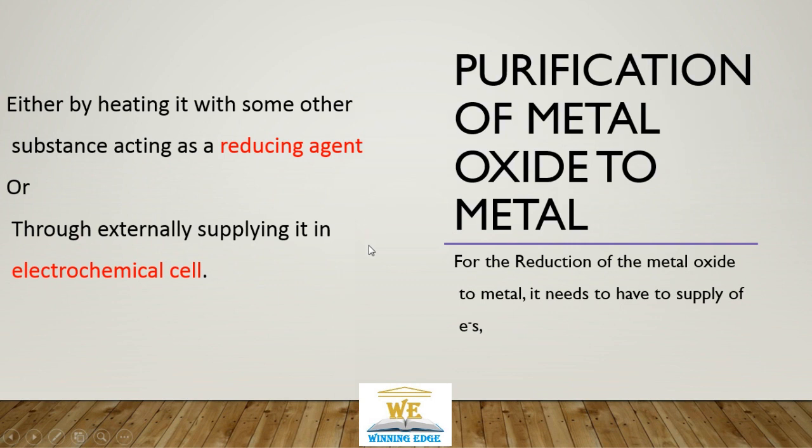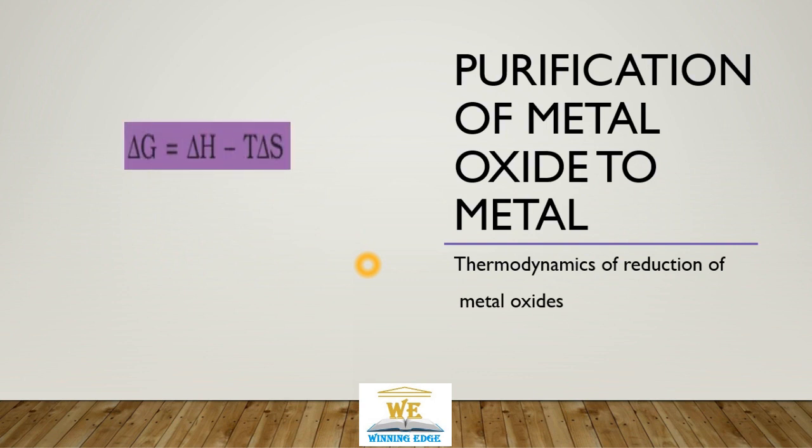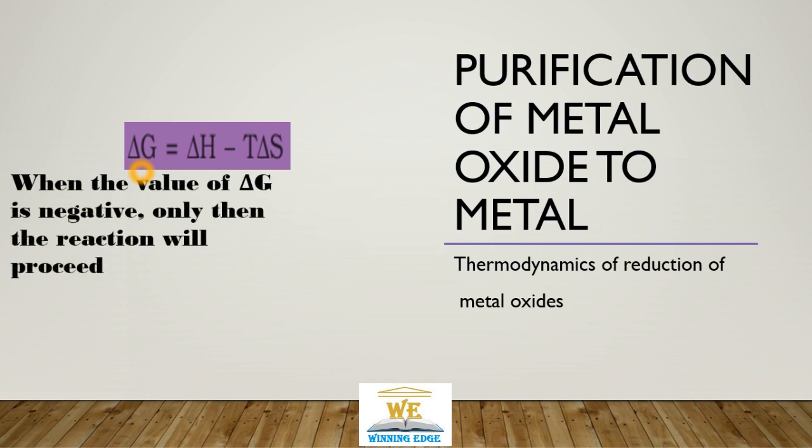These are the two possibilities for the reduction of oxides into metal. Thermodynamically, for reduction of metal oxides, Gibbs free energy should be negative for the reaction to be spontaneous. Only then can the reaction proceed in the forward direction from oxide to pure metal.